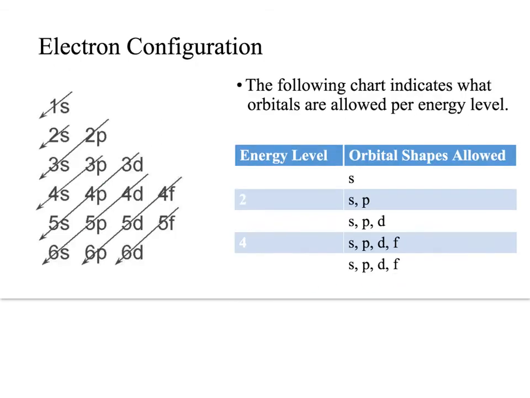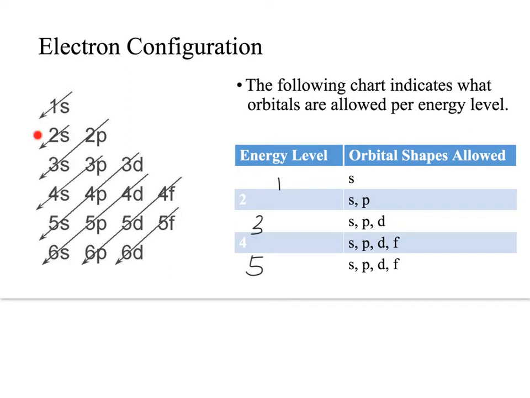So the following chart also indicates what orbitals are allowed per energy level. For example, on energy level 1, which is our lowest, our smallest, the area right next to the nucleus, you can only find s orbitals. Example up here, we only write s. This chart you'll be using in a bit, so try not to completely forget it.